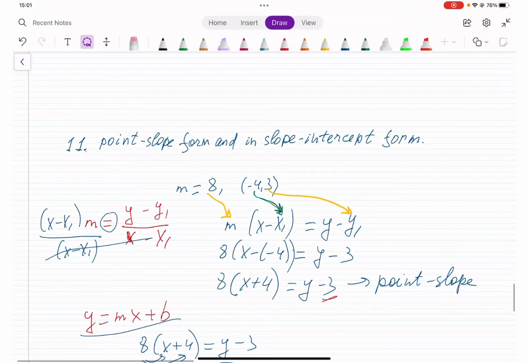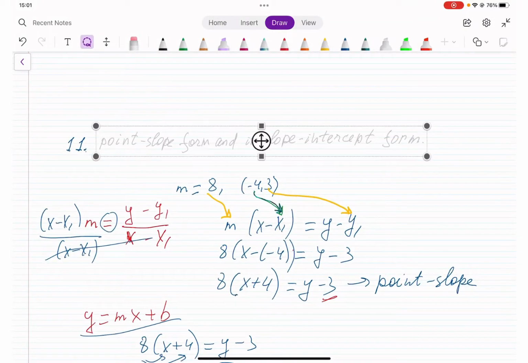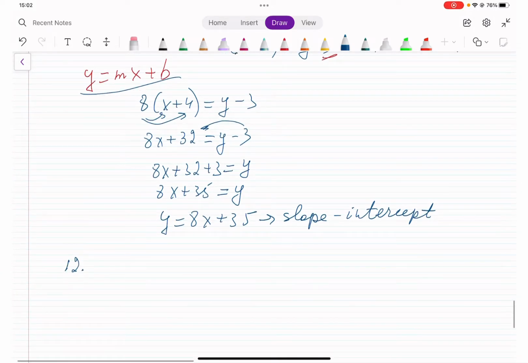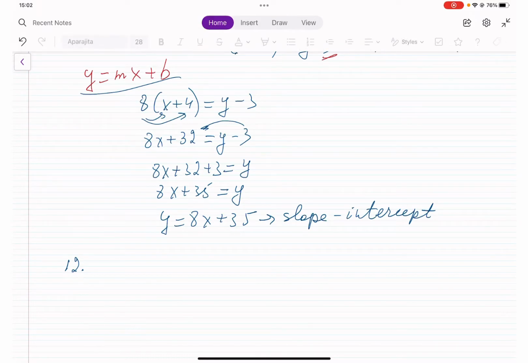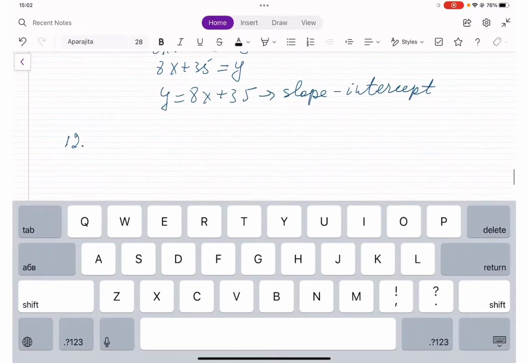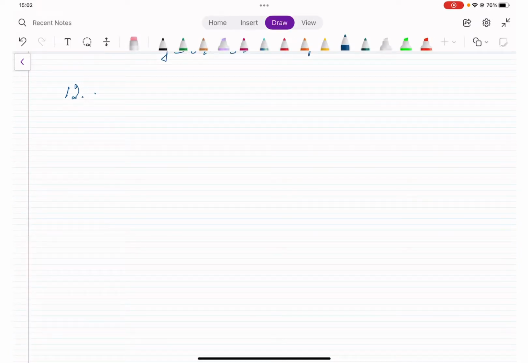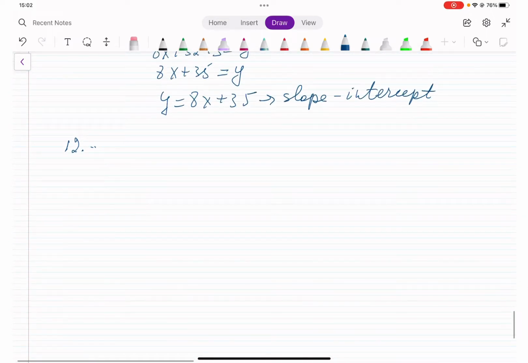So let me copy. Let me see if I can copy. It doesn't let me paste. Okay, I can type it.